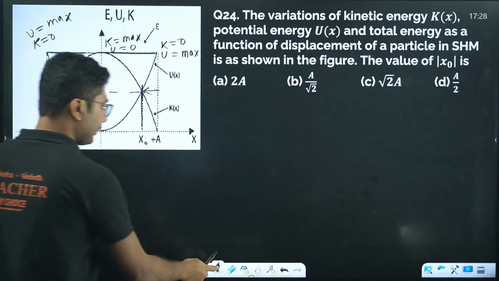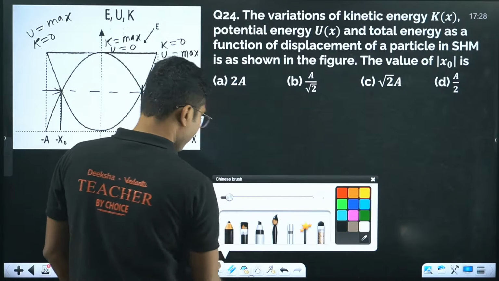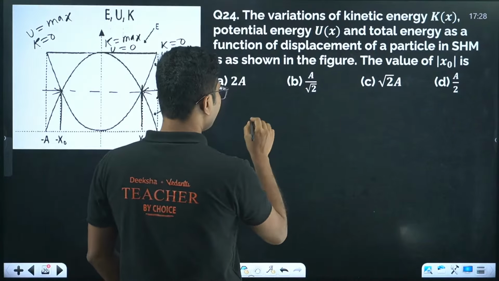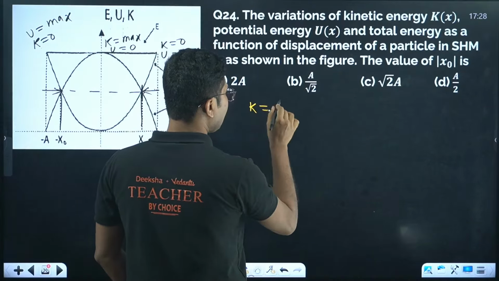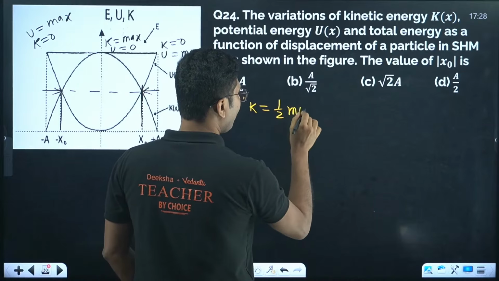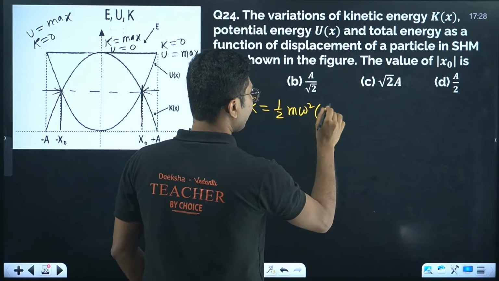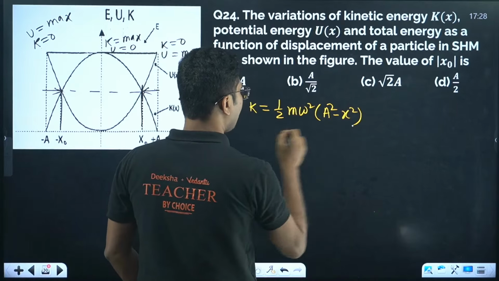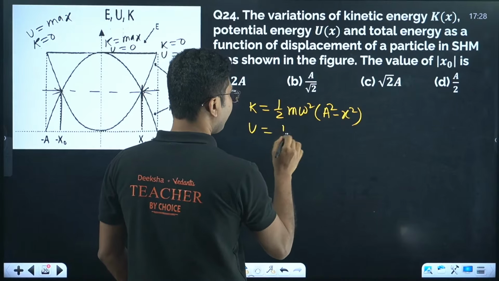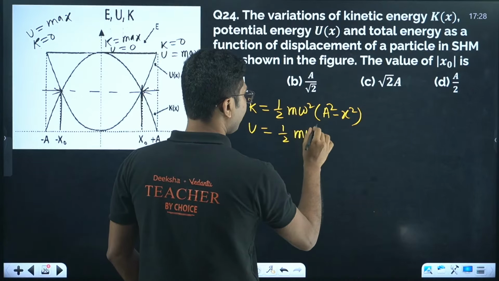Now if you forget the formula or derivation, let me remind you that kinetic energy is given by half m omega square (a square minus x square), and potential energy is given by half m omega square x square.